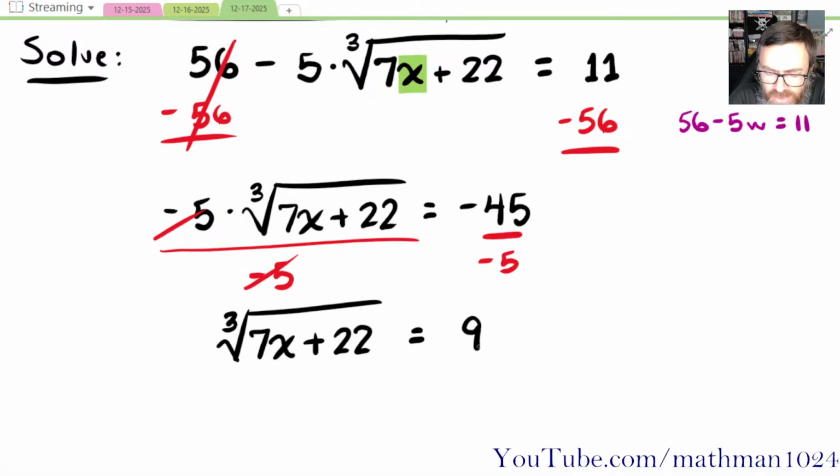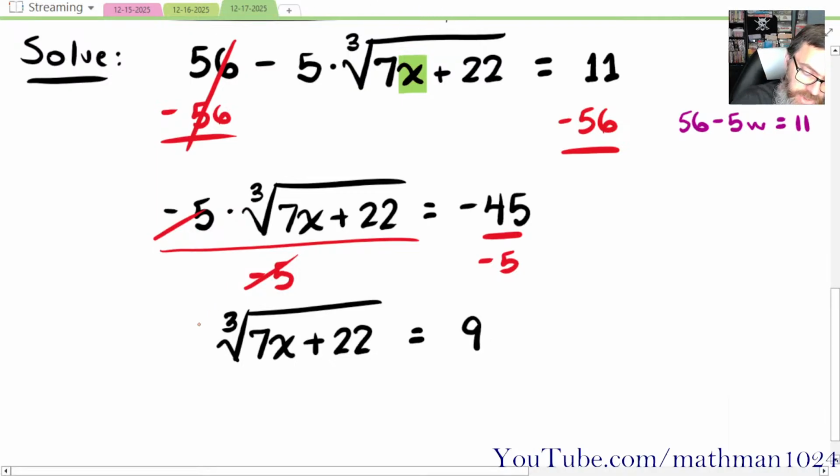Now, we can't do anything with the x until we get rid of what's enclosing that x, and that's going to be the radical. So, the power that I use to undo a cube root will be the third power. The power that you use is going to match the index.